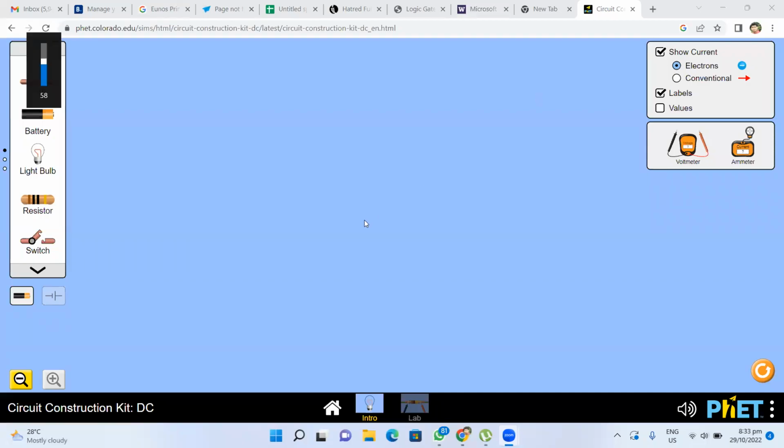Okay, after the last week's lesson about number systems, today we have to discuss the logic gates lesson. Actually, what are these logic gates?